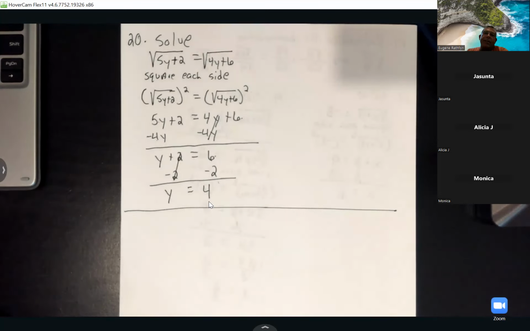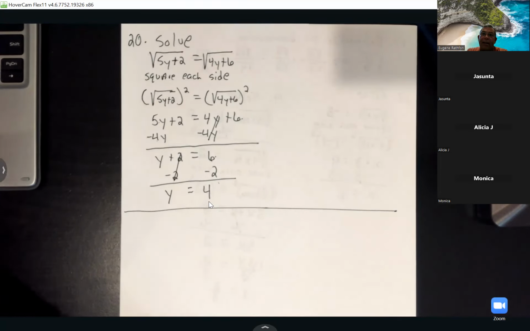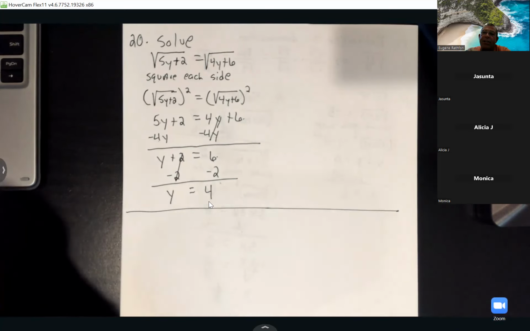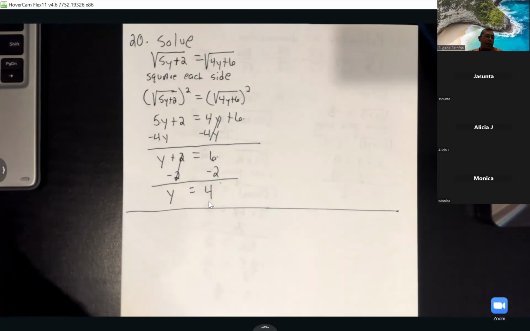So now this will be the last chapter test we have. After this test, the only other test we'll have is the final exam. Now we'll go over material on Thursday, dealing with the imaginary numbers and doing the quadratic formula.